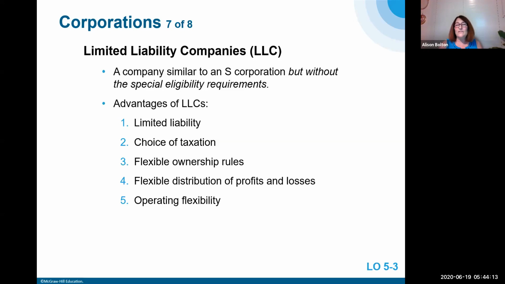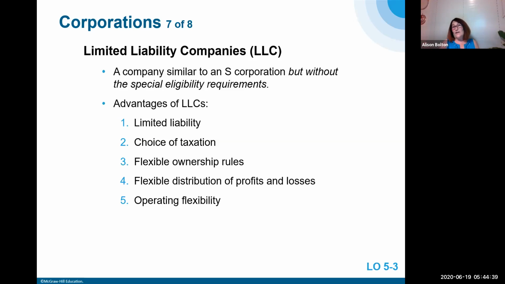And then you have what is known as flexible ownership rules. That is a part of the decisions between the partners of that corporation, the limited liability companies. Who's doing what, and then distribution of profits and losses. It could be flexible, it could be different one month to the next.